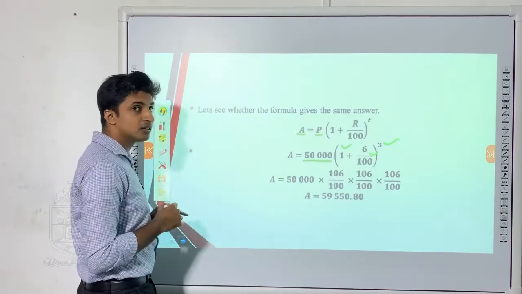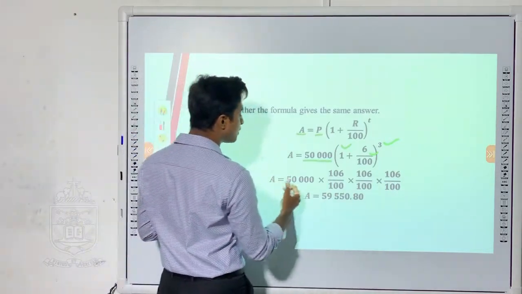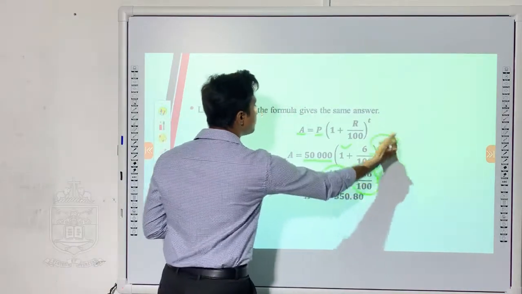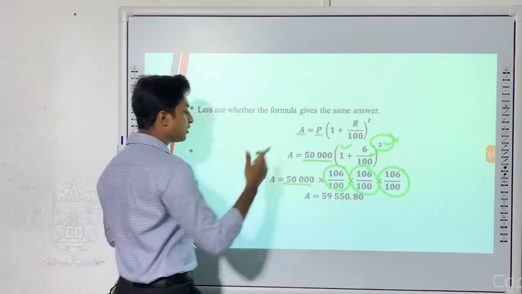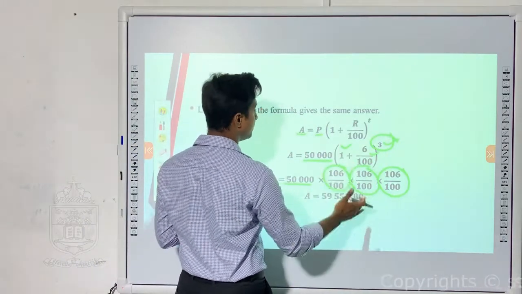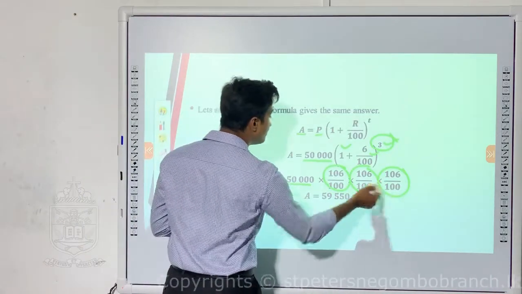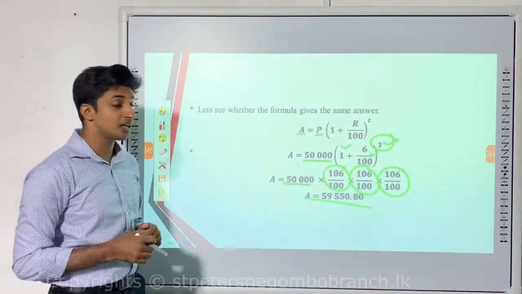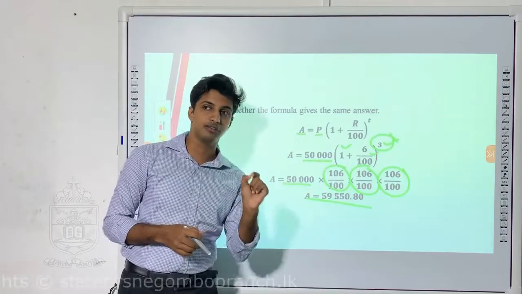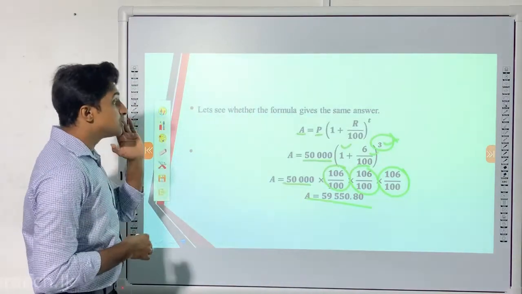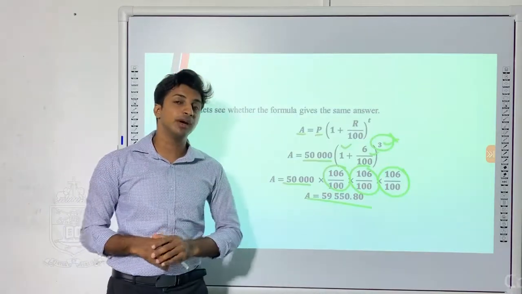So that is 50,000 times 106 over 100, 3 times because it is compounding 3 times. So 106 over 100 times 106 over 100 times 106 over 100. The final answer, if you simplify this, you will still get rupees 59,550 and 80 cents. So the same answer is given to you by the formula as well.